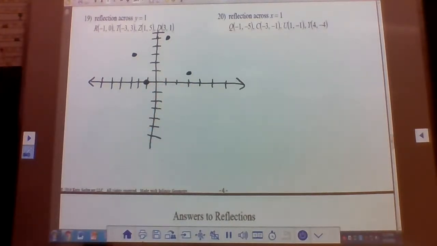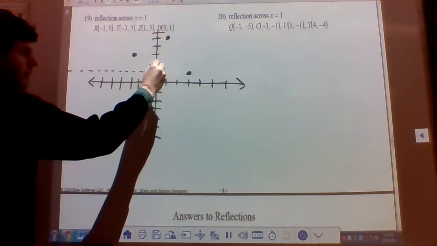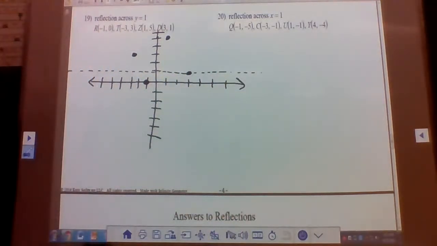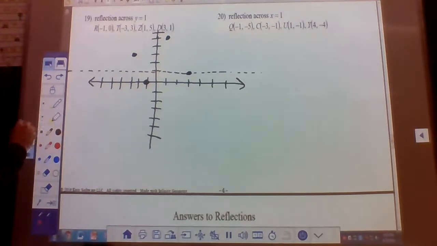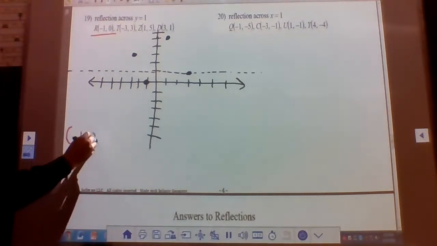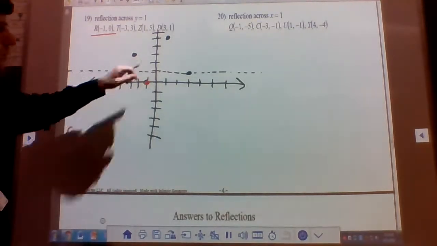We want to reflect over the line y equals 1. So y equals 1 is this line right here. Let's go in order. -1, 0 is 1 unit below the line, so it needs to go 1 unit above.